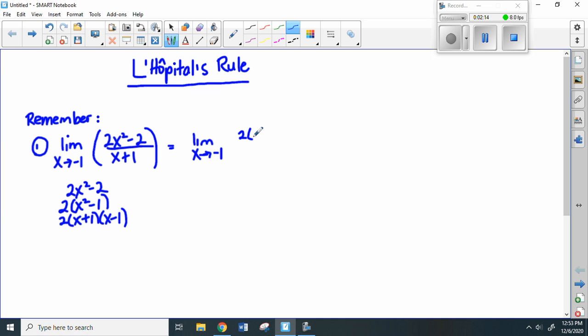Now, of course, if you need to put it all together before you do that, please feel free. So our x plus 1 is going to cancel, leaving us to take the limit of 2 times x minus 1, and that gives us 2 times -2, which is -4.